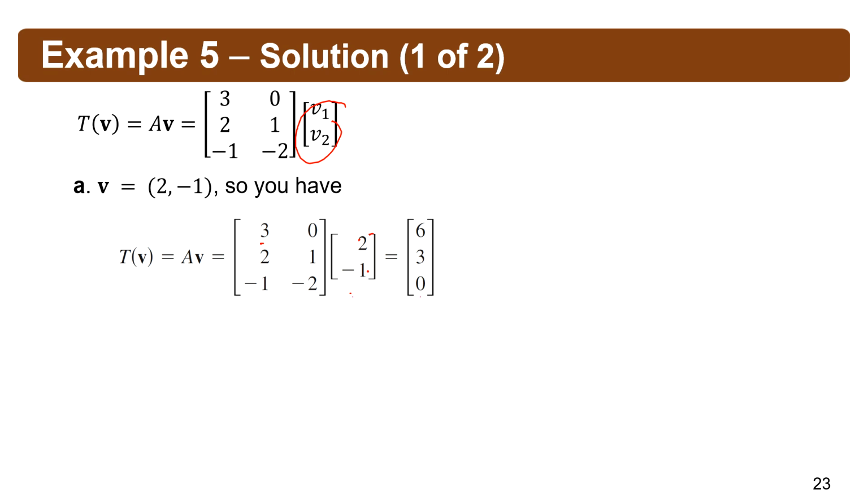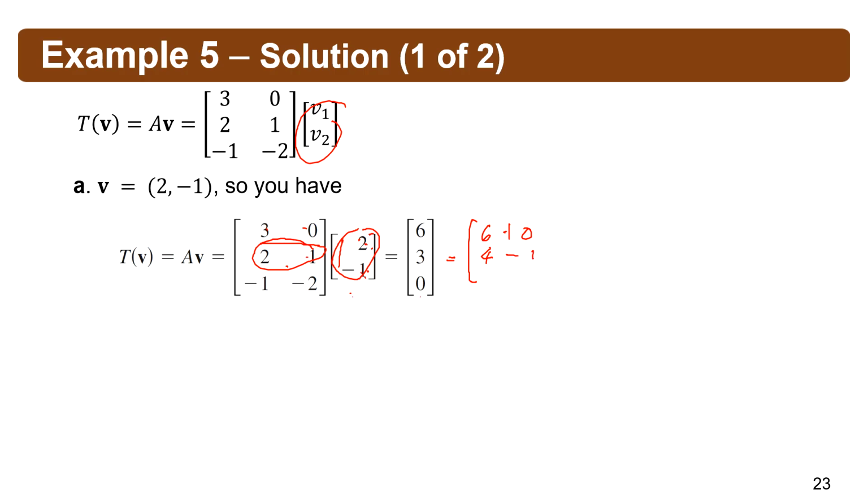So we multiply this and this one. You multiply 3 and 2, so that's 6, plus multiply 0 and -1, so that's 0. Then next, you multiply this to this: 2 times 2 is 4, and 1 times -1 is -1.